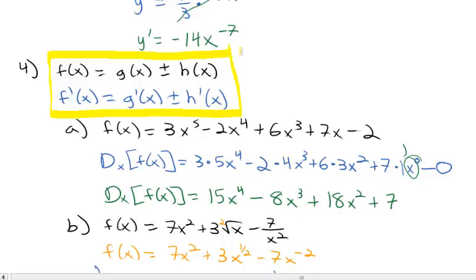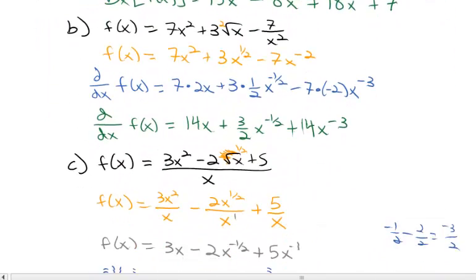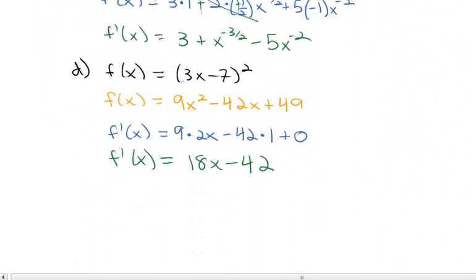These are properties you're going to want to have memorized as quick as possible. You should be able to do these derivatives very quickly. 4 important properties. We're going to have about 10 by the time we're done with this unit.